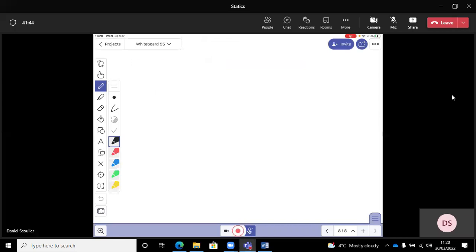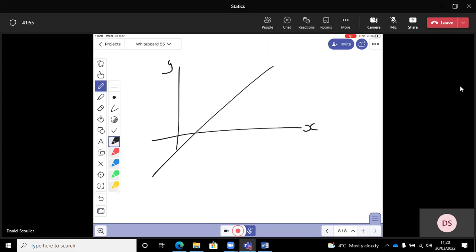Okay, let me explain that a wee bit. If we had a graph, x, y, what we've been given is two straight lines. Now you don't need to work out what the gradient is. What they're looking for you to find out is what this point of intersection is. So at what point do those lines have the same value for x and the same value for y?